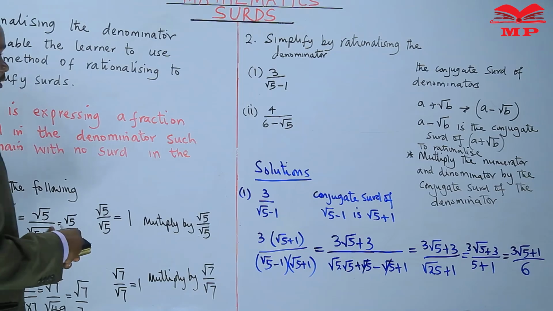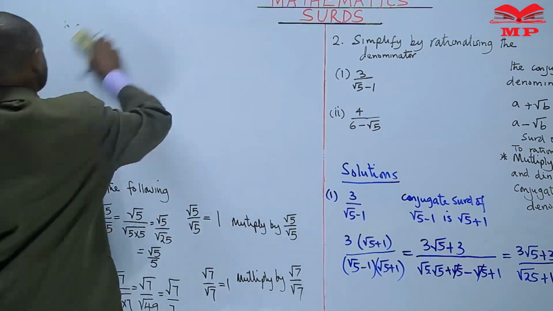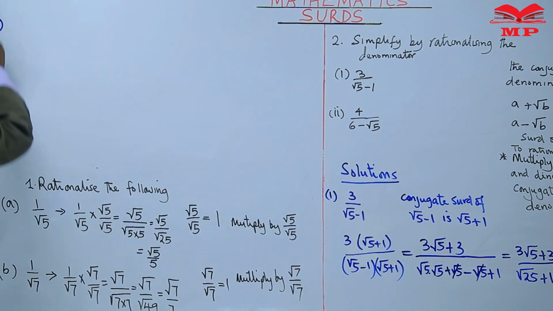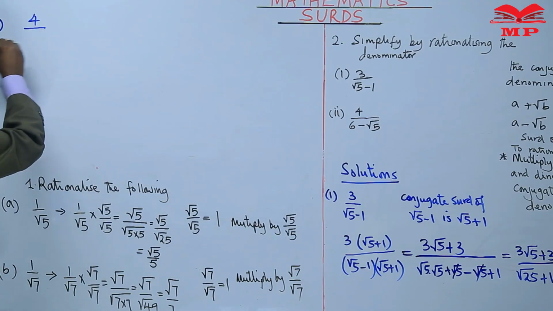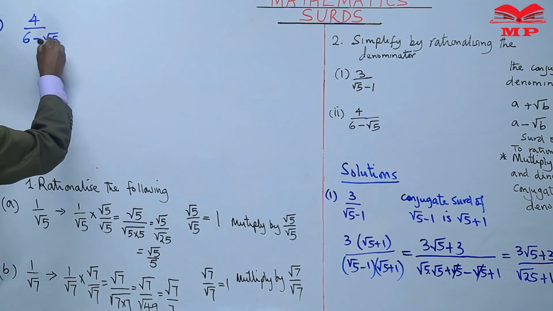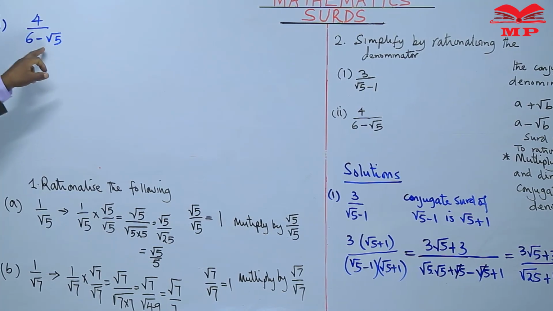We shall come to number 2. You are given 4 over 6 minus square root of 5. The first thing is to get the conjugate surd of this.